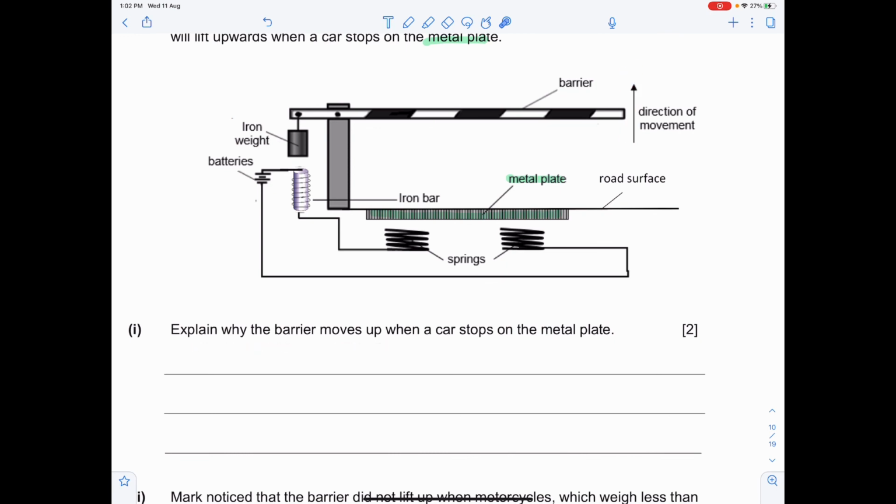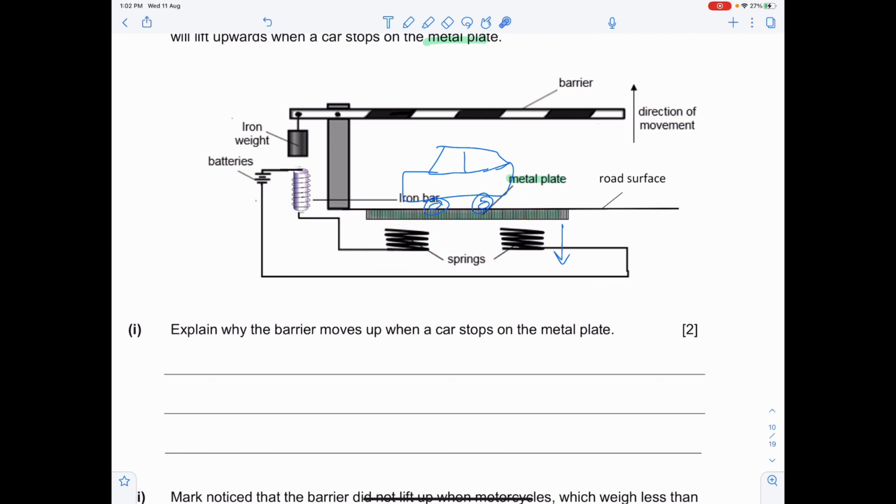When you have a car resting on your metal plate, a certain amount of mass is being placed on this metal plate. Due to gravity, which acts on the mass, it will be pushed downwards. When it's pushed downwards, it will touch these two springs over here.